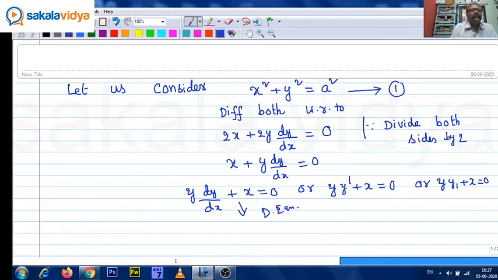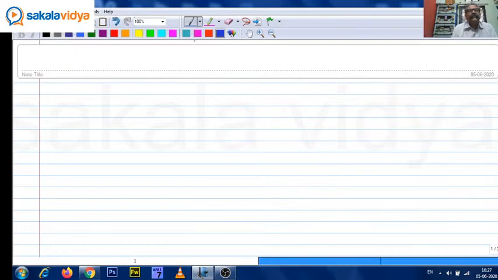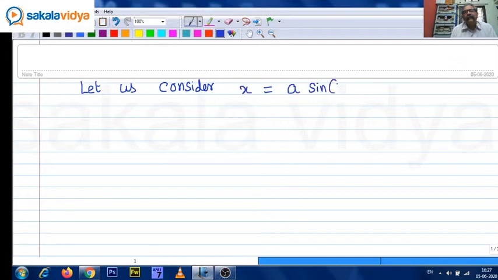So now let us consider one more example. x is equal to a sine omega t plus alpha. Say this is equation 1.